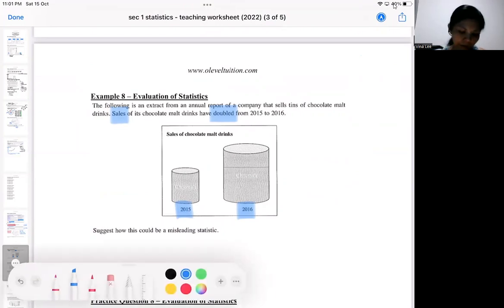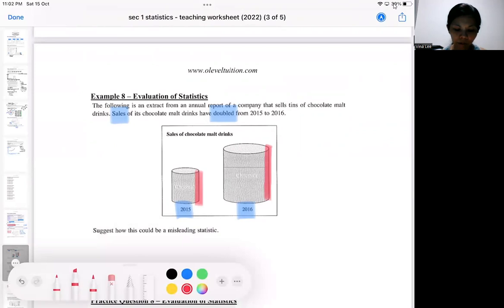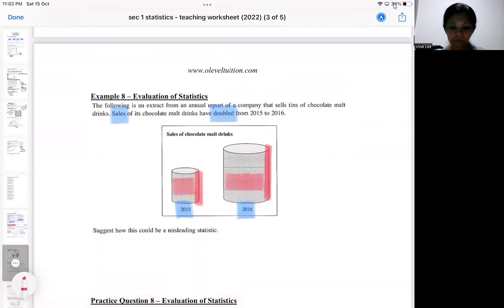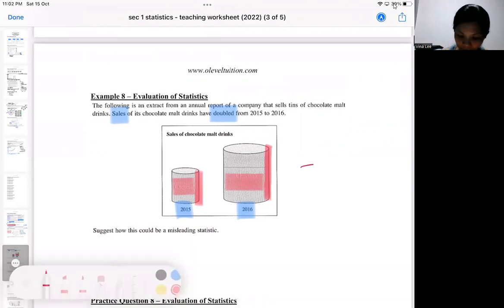The reason why it is misleading is the height doubled. Do you realize the height kind of doubled? But then the width is also doubling. So if you want to illustrate this feature, you should just be drawing something like this.